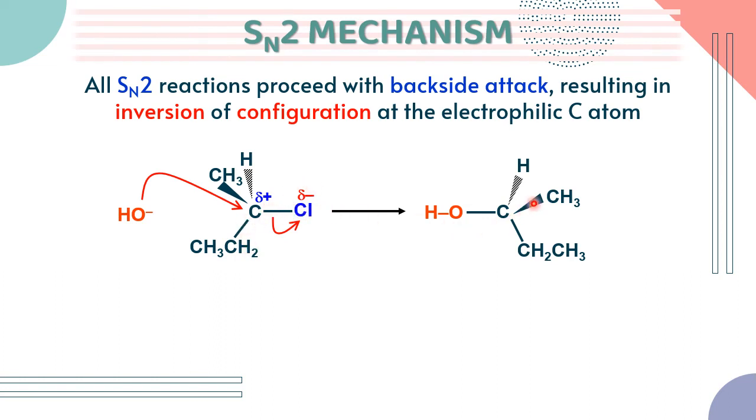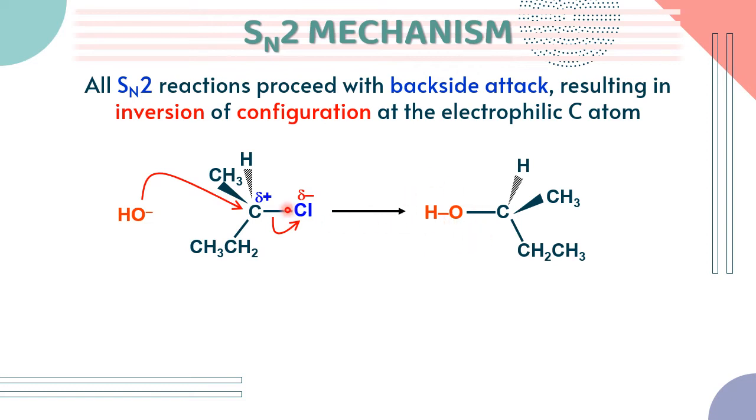But when we produce the product, seolah-olah bond dia punya kedudukan dah inverted. Macam nampak ada mirror image dekat sini. Cuma, it's not a mirror image. Why? Sebab dekat sini, leaving group. Dekat sini, nucleophile. Seolah-olah macam mirror image, tapi dah berlaku substitution.